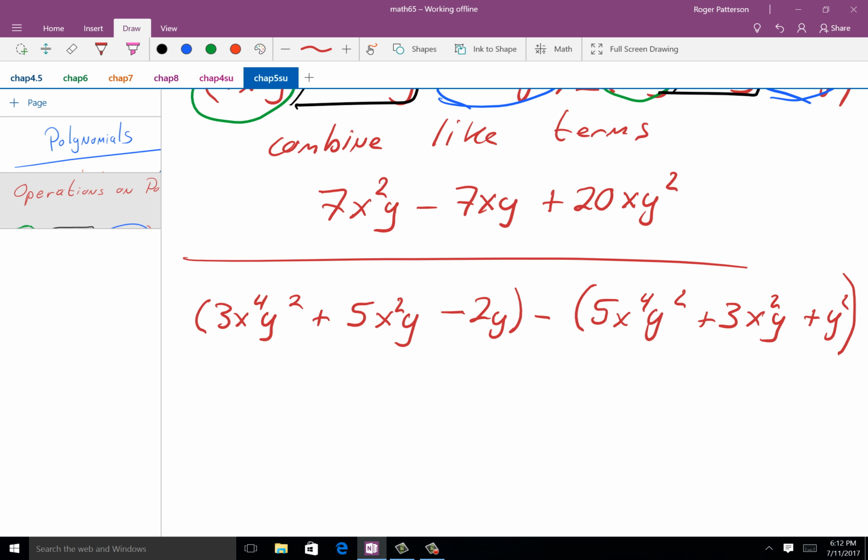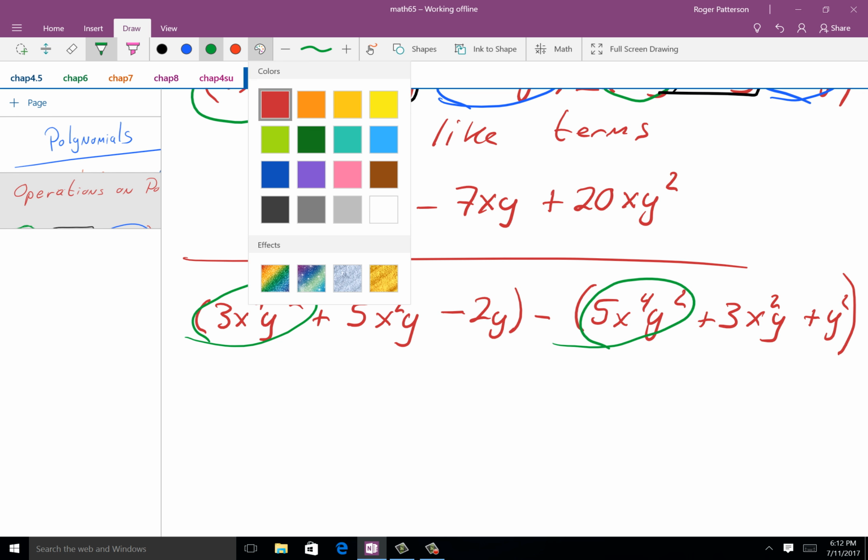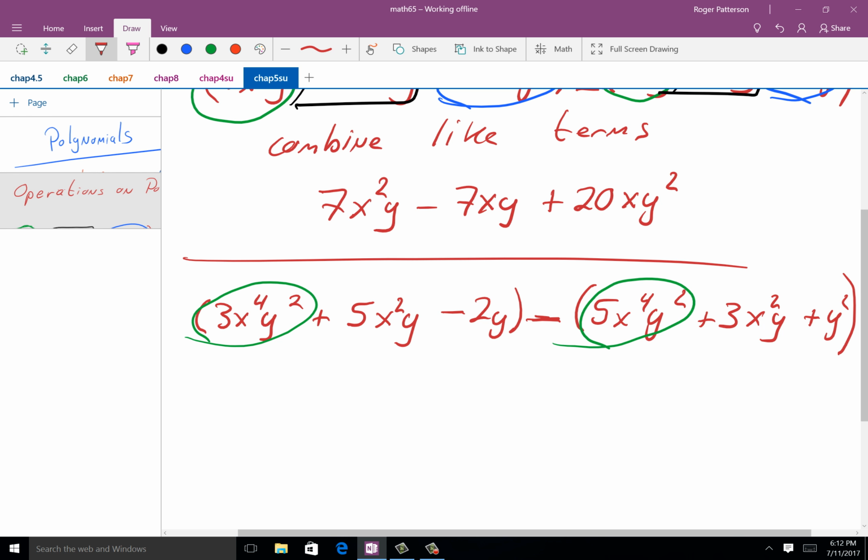Okay, so then I have one like this now. So I'm going to combine those like terms again. I'm going to start with this one. And here I see again the same powers. Okay, but we're subtracting.